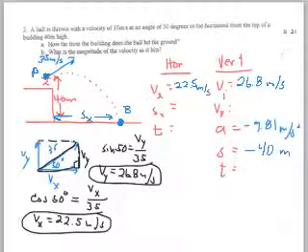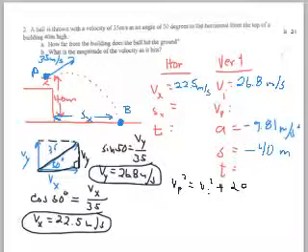And we can do v sub f from the fourth uniform acceleration equation again, and that is v sub f squared equals v sub I squared plus 2as. Well, v sub f we don't know.